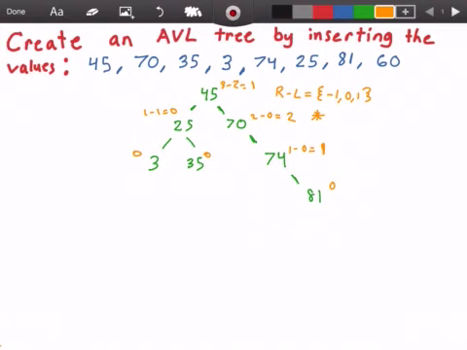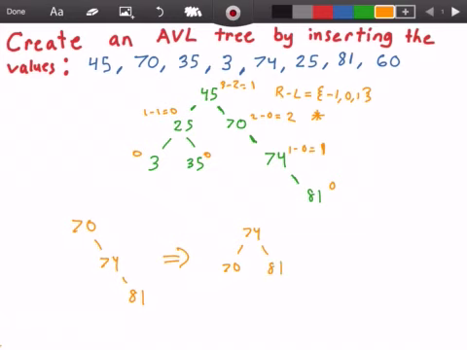I'm going to rewrite it down here. 70, 74, 81. What we need to do here is a left rotation. So this just simply becomes 74, 70, 81.